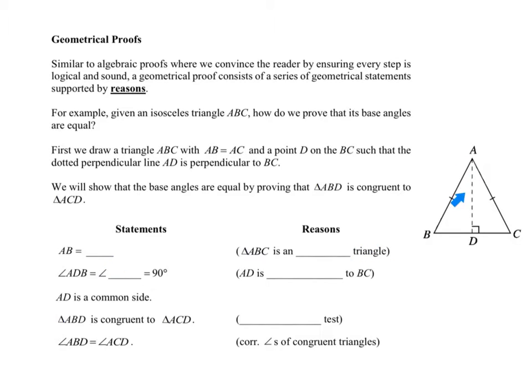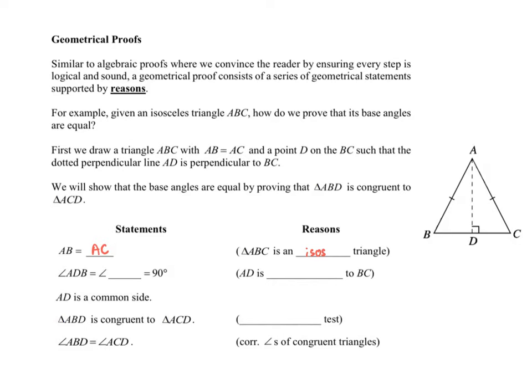For example, if you look at this triangle, you will see that AB is equal to AC. But every statement has to come with a reason. The reason is because triangle ABC is an isosceles triangle.